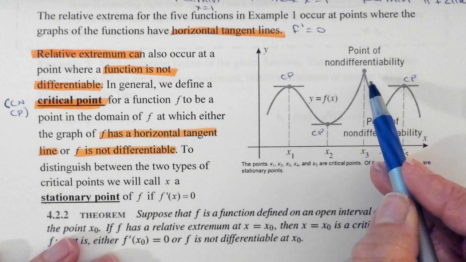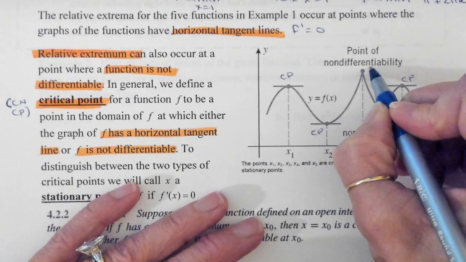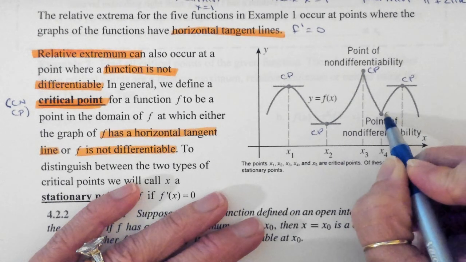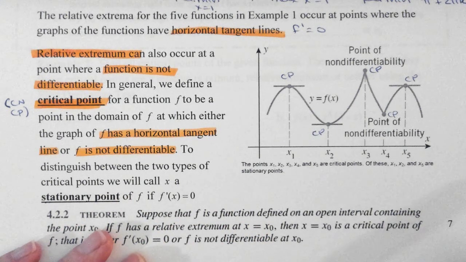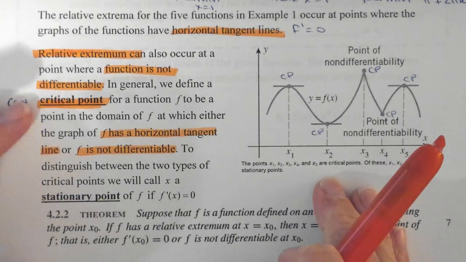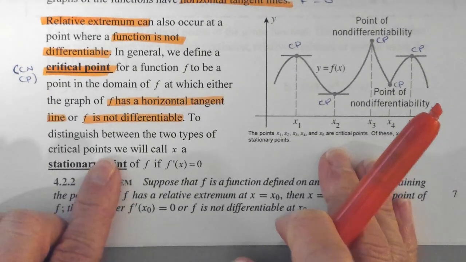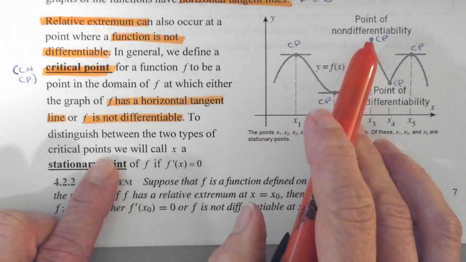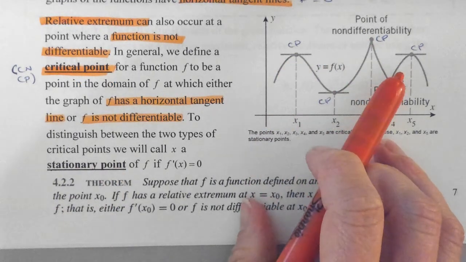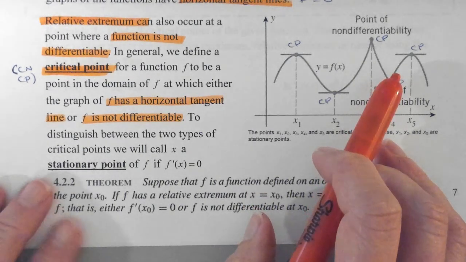Based on the definition, this is a critical point, and so is this right here. Critical points are a broad term. But then you also have another definition to distinguish between these two. I can't just say, oh, this is a critical point, this is a critical point, because then there's a ton of critical points on this graph.